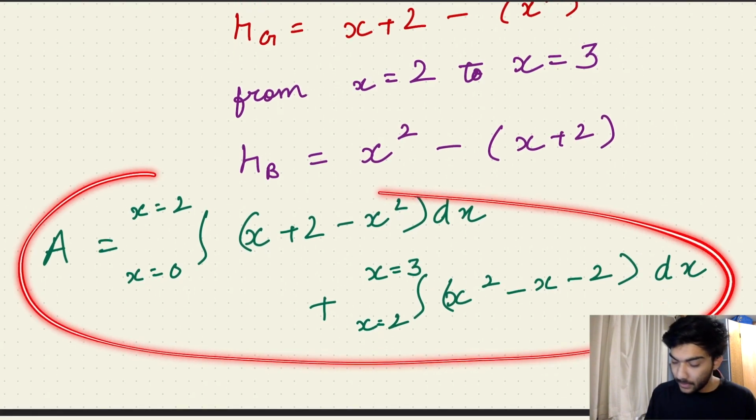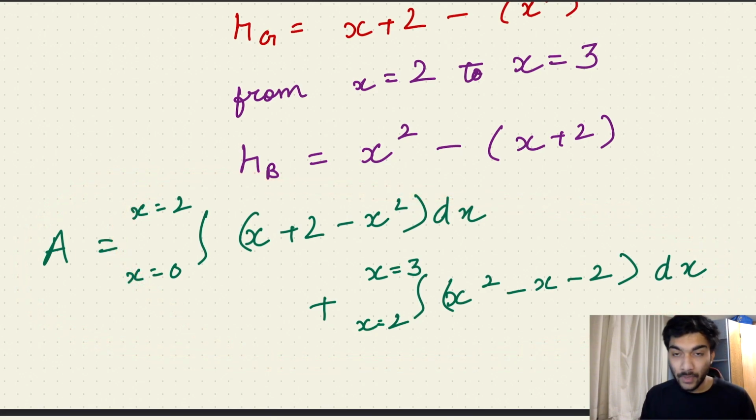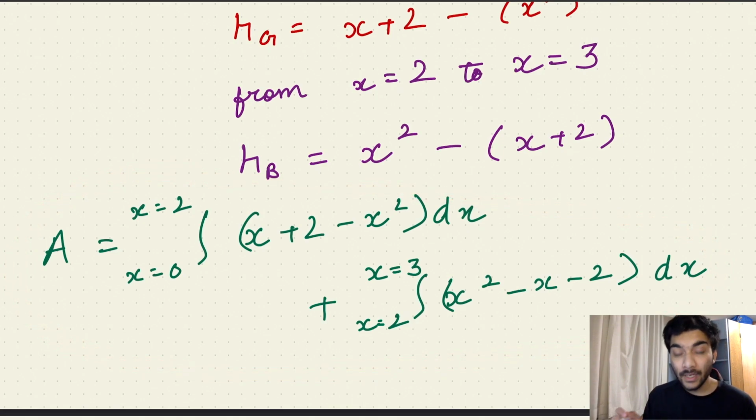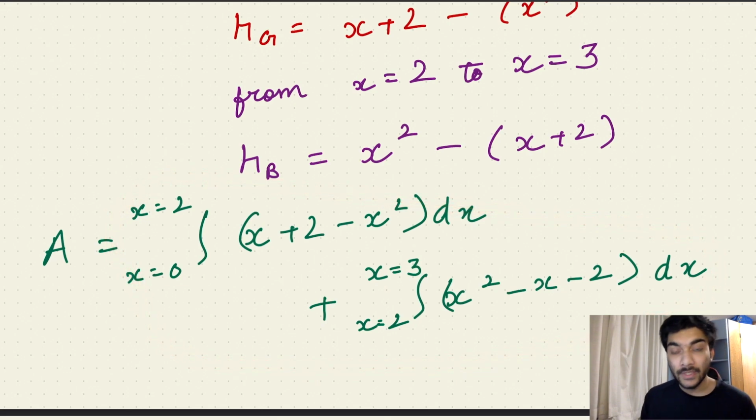When you solve this definite integral, you'll get the total area bounded between both curves from x equals 0 to x equals 3. I'll leave the integral calculation to you, and I would highly appreciate it if you can write the answer to this definite integral in the comment section below.